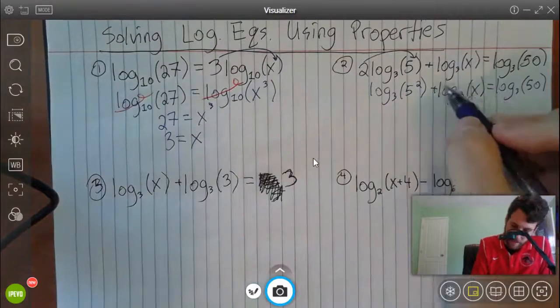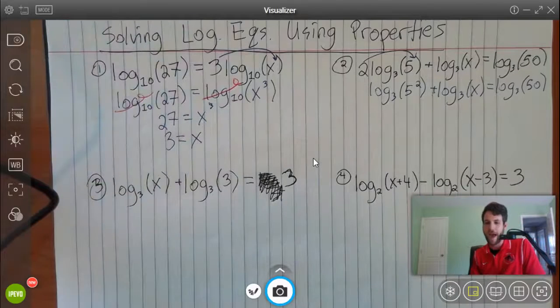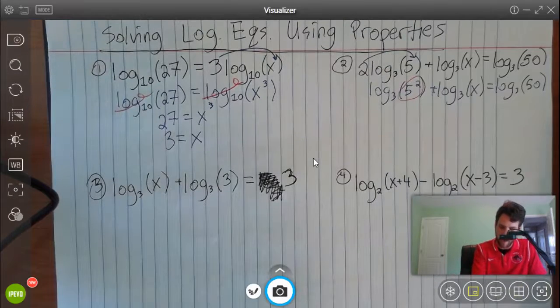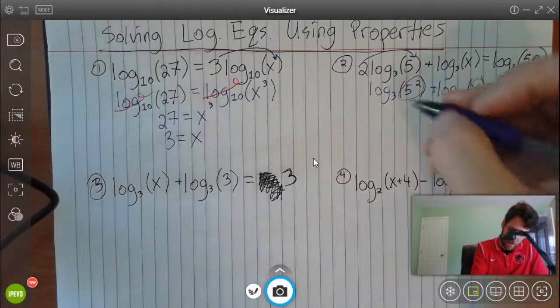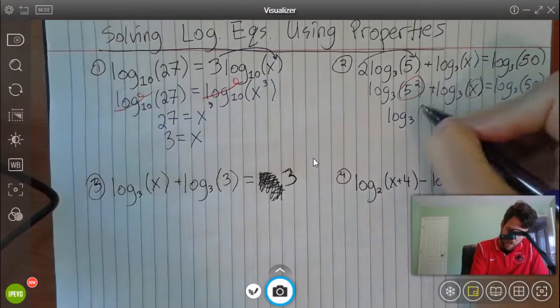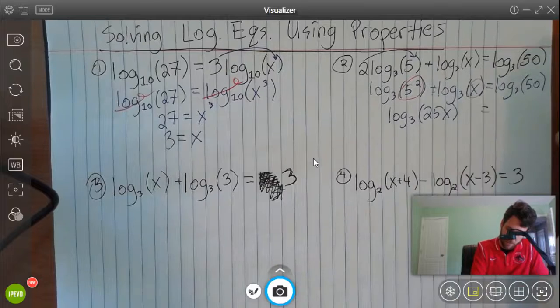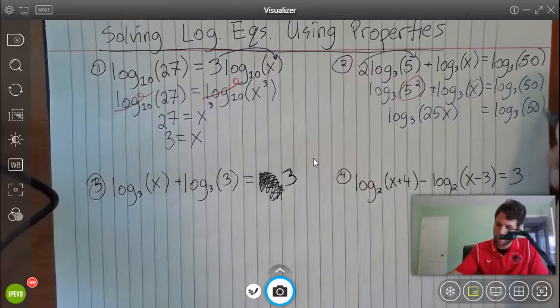Now, because of this plus sign right here, we're going to put these two logarithms that we're adding and then multiply their inputs. So I'm going to multiply 5 squared, or 25, by x inside of one logarithm now. Log base 3 of 25x is equal to log base 3 of 50.